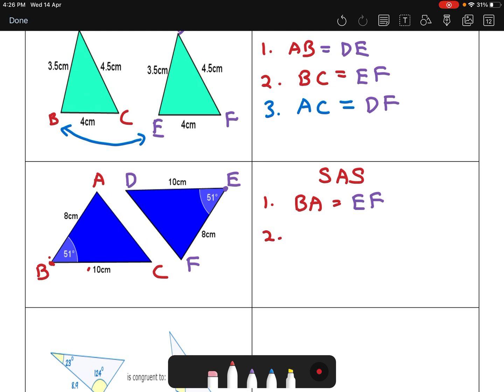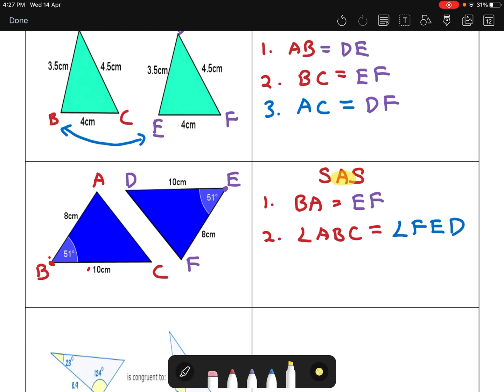Second we go to the angle. Our angle is the same, 51 degrees. So angle ABC is equal to angle FED.